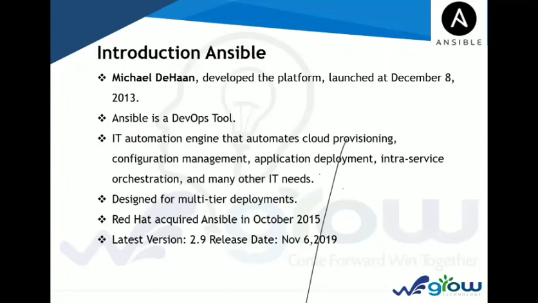Every 2 weeks, when AWX releases, if it is bug free, the Red Hat people test it and flag it as a stable version, and that version is included in the major Ansible release. Likewise, the Ansible release proceeds.